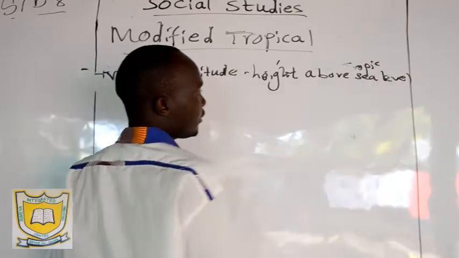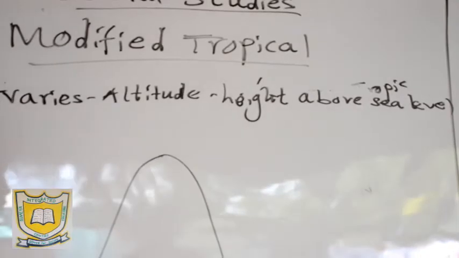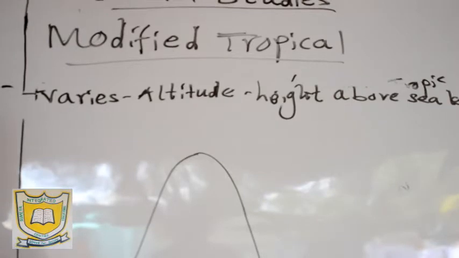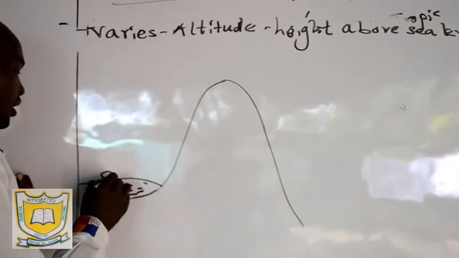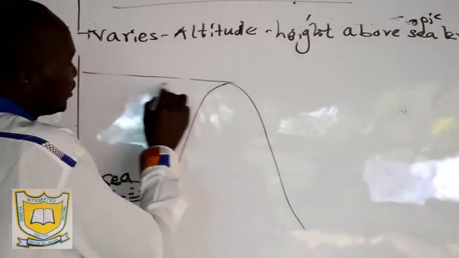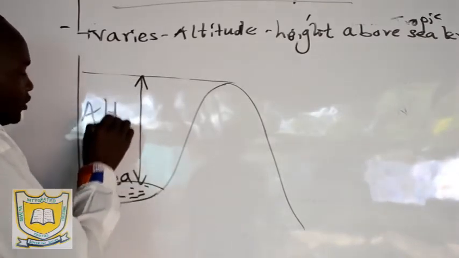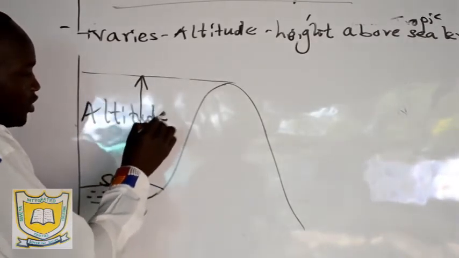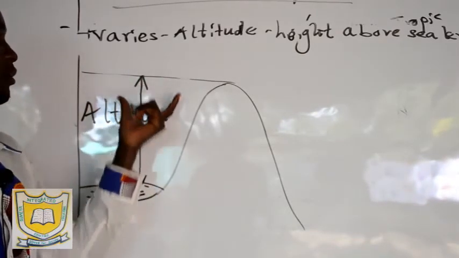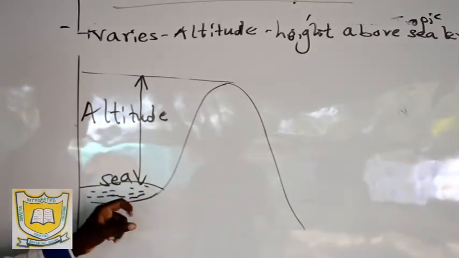For example, if I may define altitude, this is a relief feature or a mountain, and here is a lake or an ocean, so this is the sea. The distance from here to here is what we call altitude. So the distance from the sea level to the high areas, mountain areas, that is height above the sea level, or altitude.